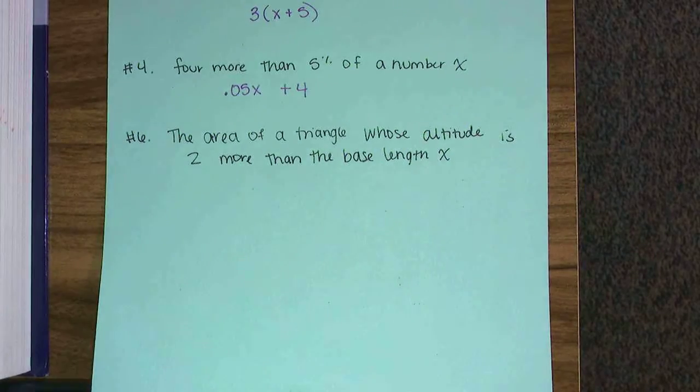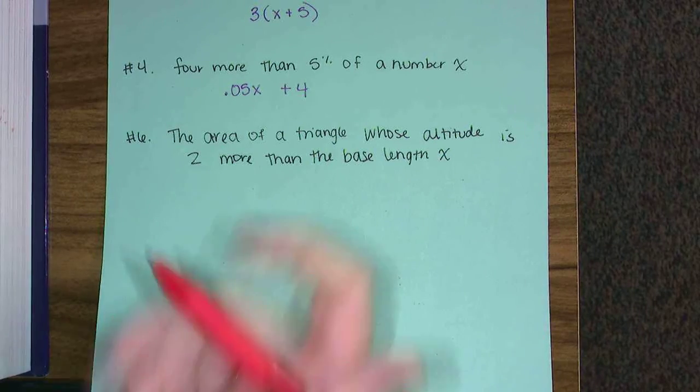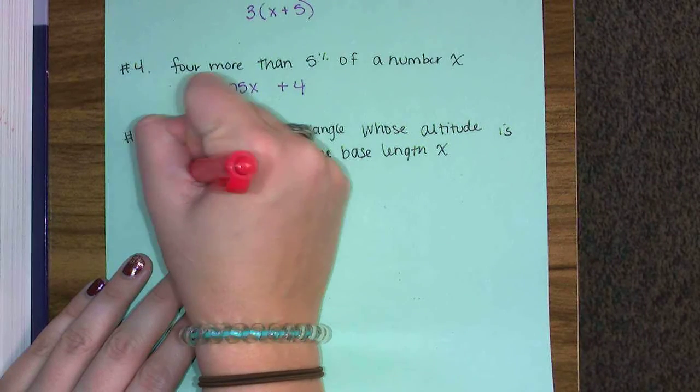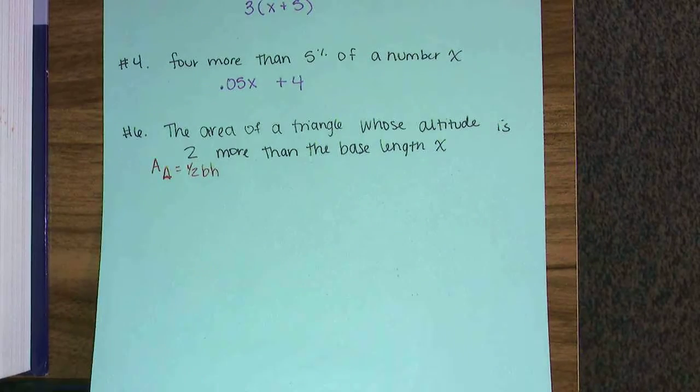So, first and foremost, what is the area of a triangle? Okay, 1/2 base times height. Altitude is basically its height.